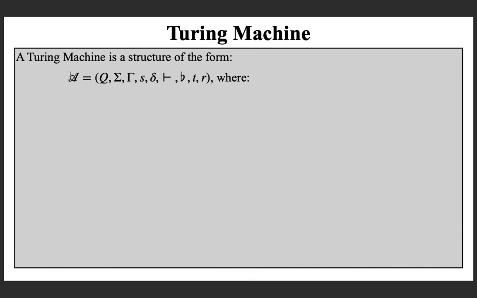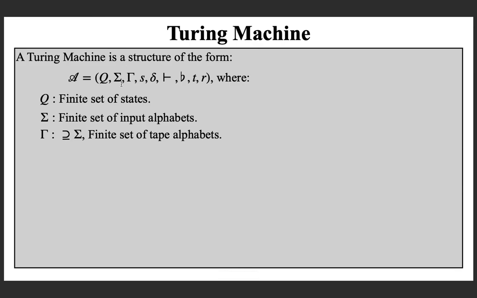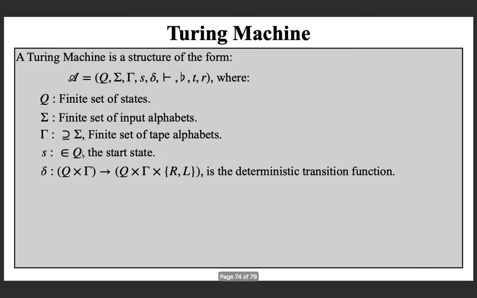So you can define a Turing machine as a tuple of this structure where capital Q is the finite set of states, sigma is a finite set of input alphabets, and gamma is a superset of sigma, a finite set of tape alphabets.